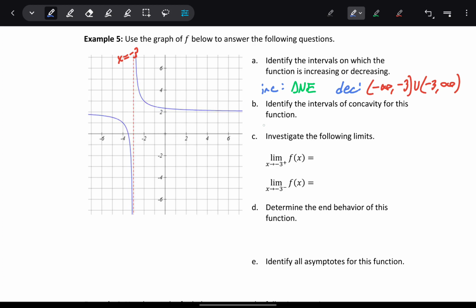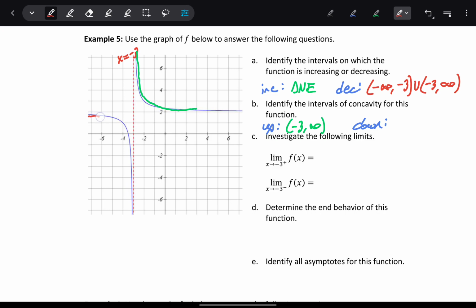Then we want to look at where our function is concave up and concave down. Our function is making this bowl shape on the interval from negative 3 to infinity.